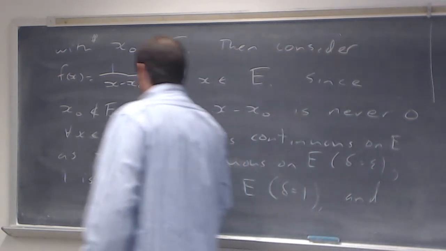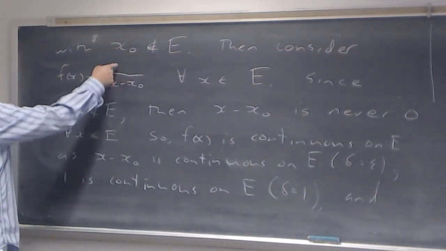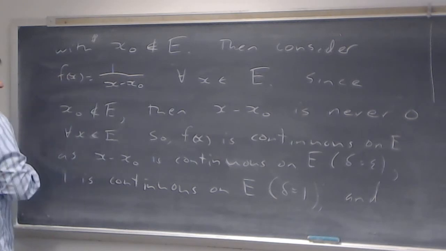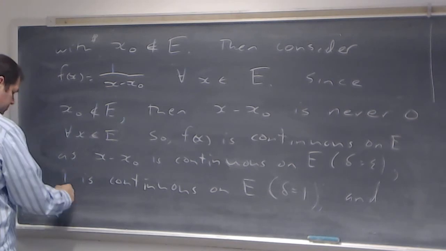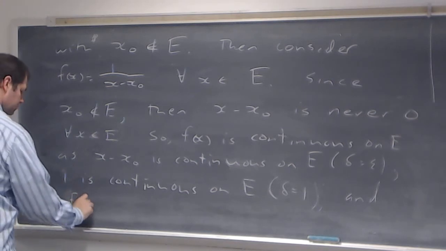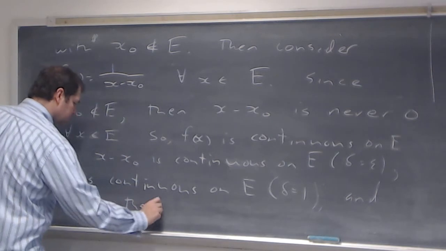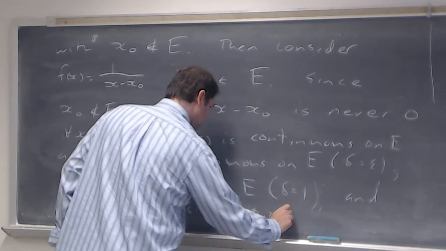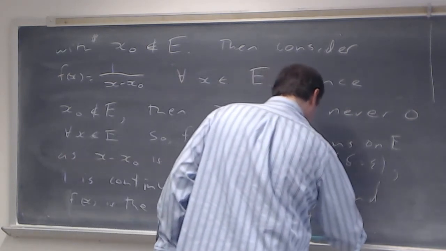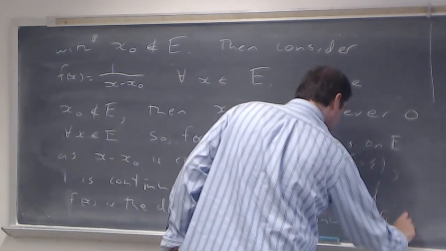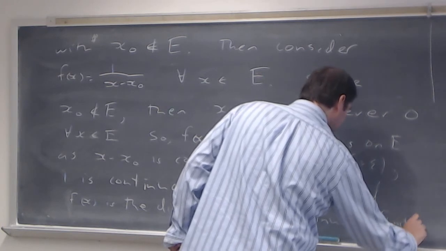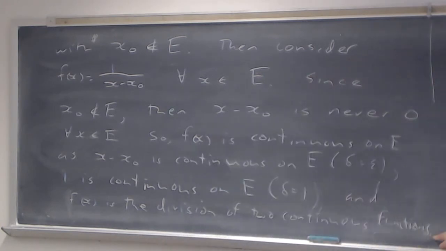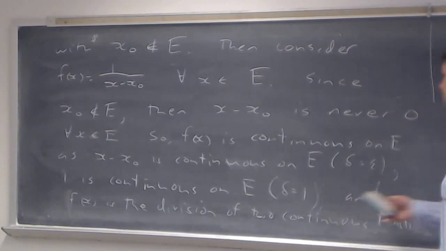And so f of x is the division of two continuous functions where the bottom is never 0. So that's what makes f of x continuous.